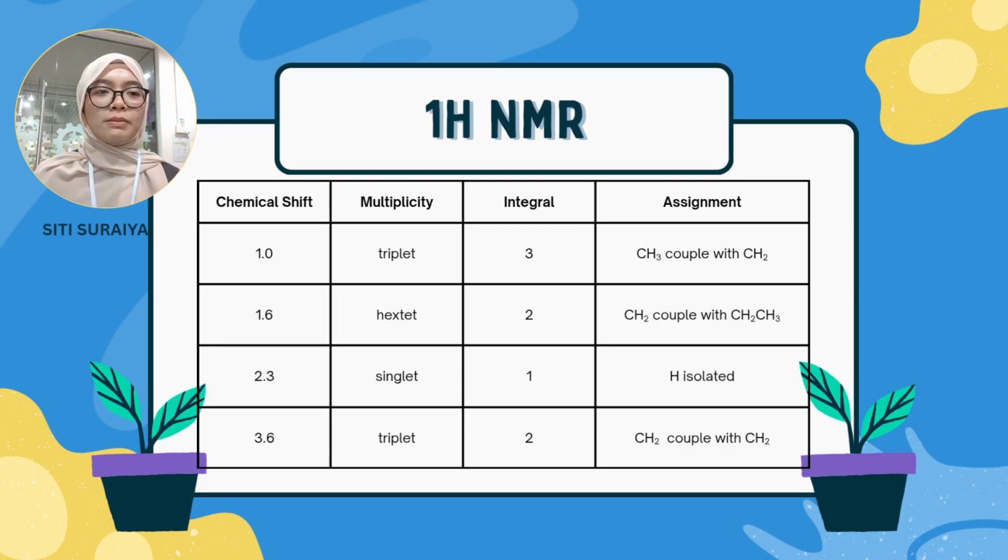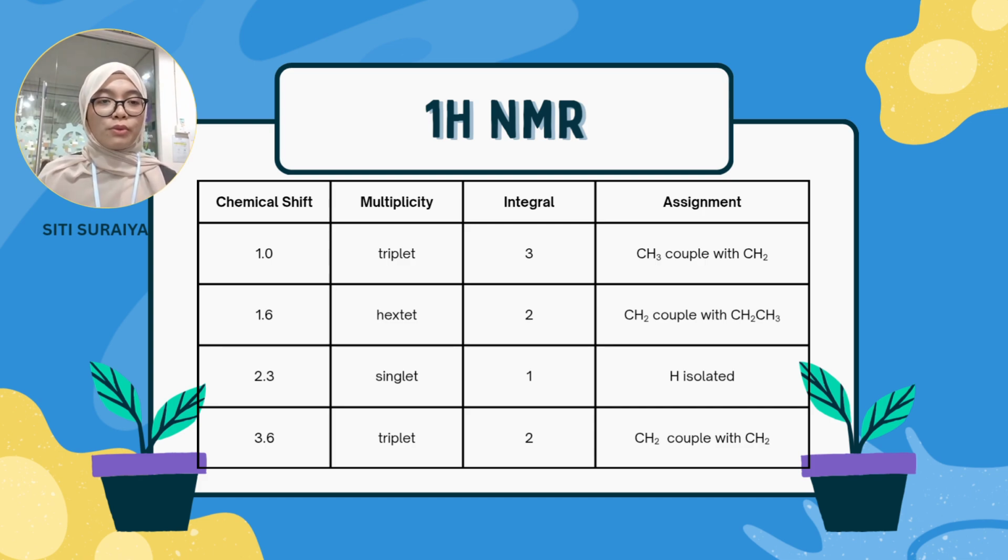So, starting at 1 ppm, we observe a triplet that integrates for 3 protons. This signal is most likely from a methyl group, or CH3, that is attached to a CH2 group. The triplet pattern happens because the methyl is coupled to the 2 protons on the neighboring CH2 group, which splits the signal into 3.